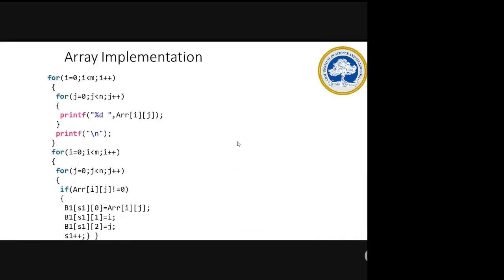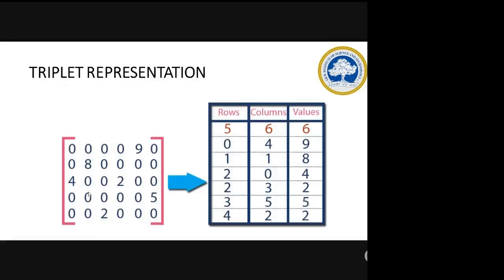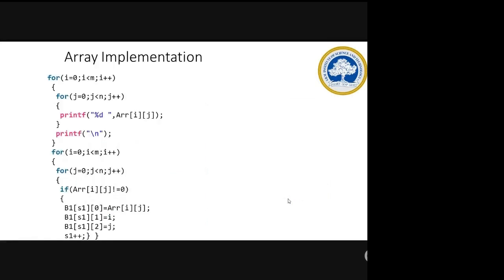That is the non-zero value, and it is present in the ith row and the jth column. So this is one way of taking out the values, and after that this will be used for your further process. So this is your array implementation only.